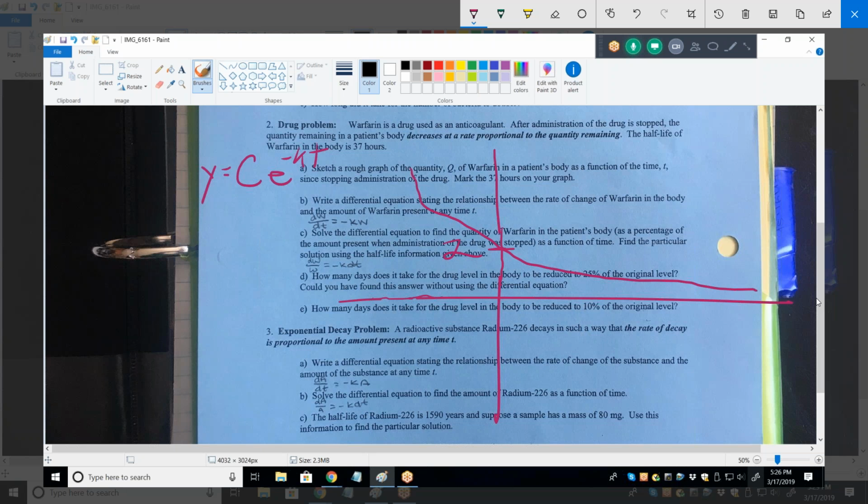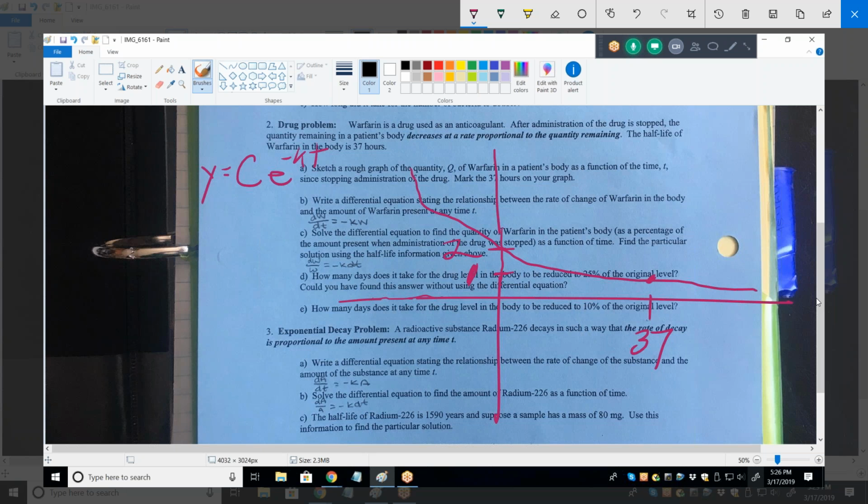We know the half-life is 37 hours, meaning that after you stop administering the drug, 37 hours later, there will be exactly half the amount in the patient's body. So what that means to me is 37 has got to be half of 2, 1. With me?